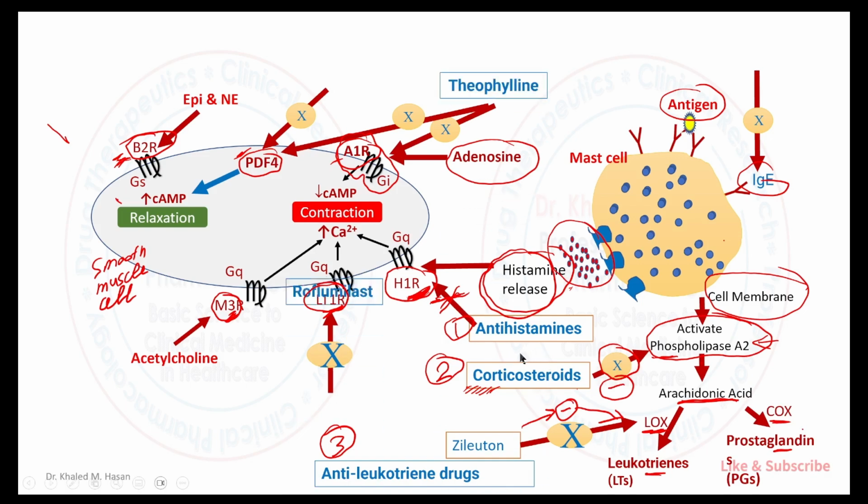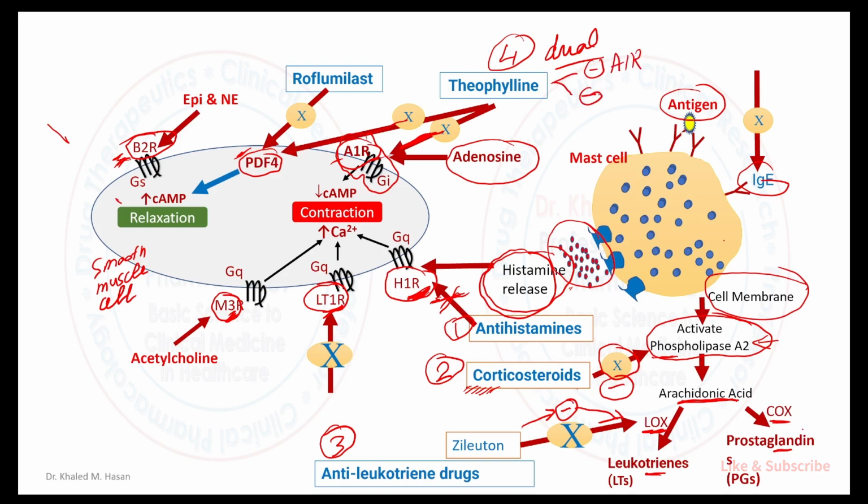Okay, what else? Number 4, we have theophylline. Theophylline works by a dual mechanism: it inhibits adenosine receptor and inhibits phosphodiesterase.